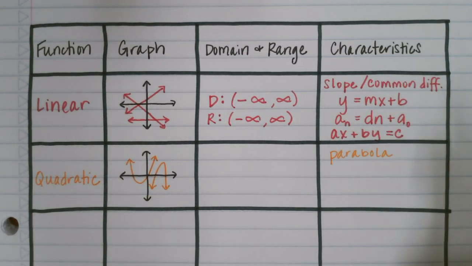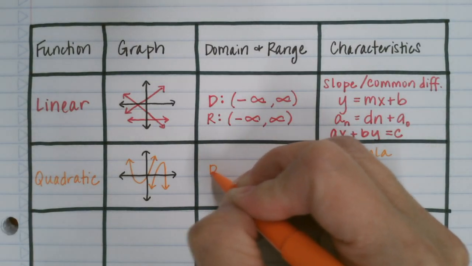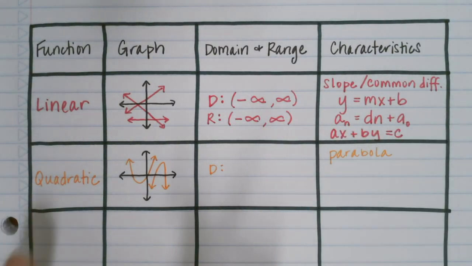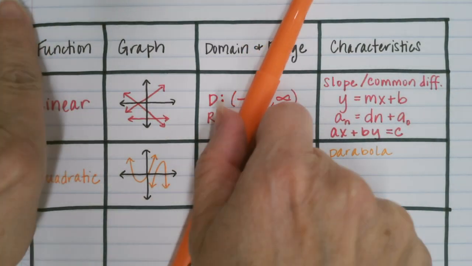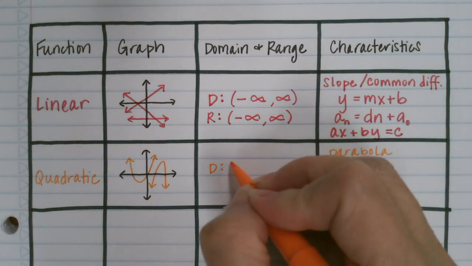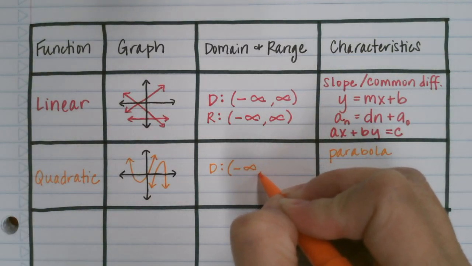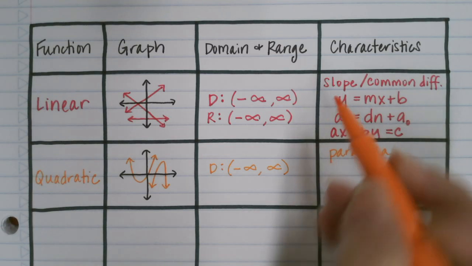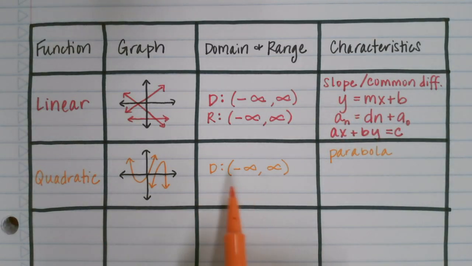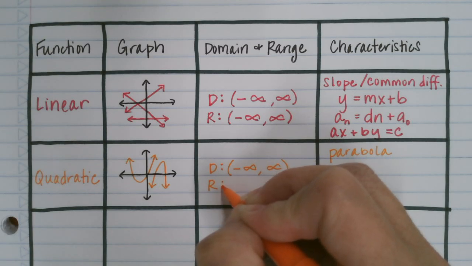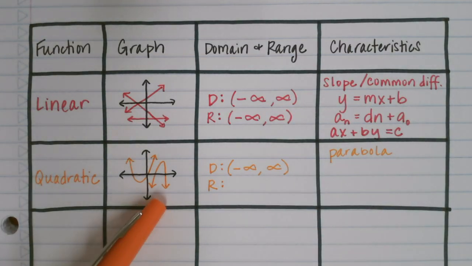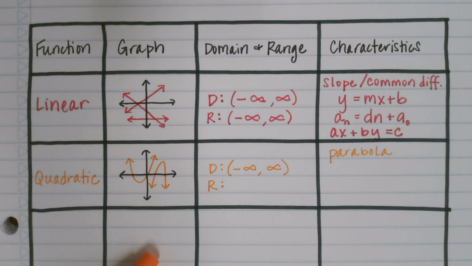All right, let's talk domain and range. So I didn't do a great job drawing this, but these parabolas are going to continue to go out and out and out, and they're going to get wider and wider as they continue on. So the domain of a quadratic function is always going to be all real numbers. Now, the range is not going to be all real numbers. This is only going on forever in one direction.